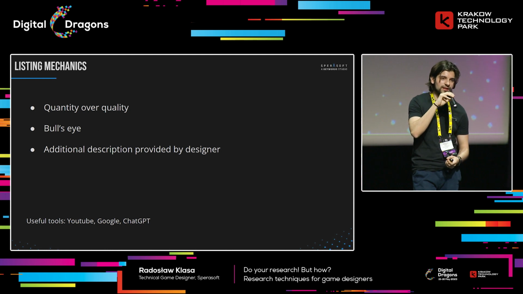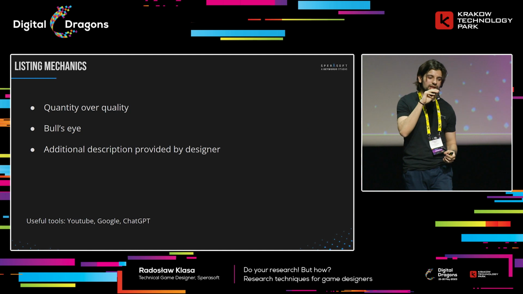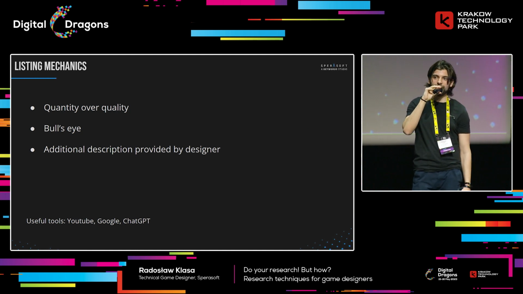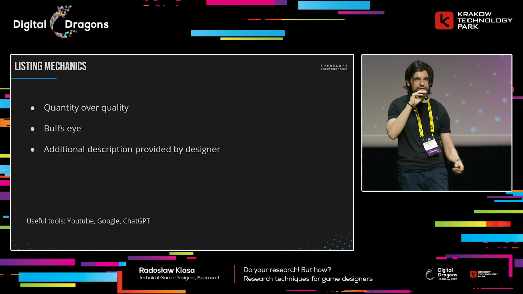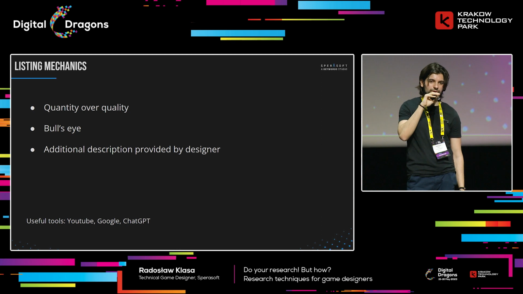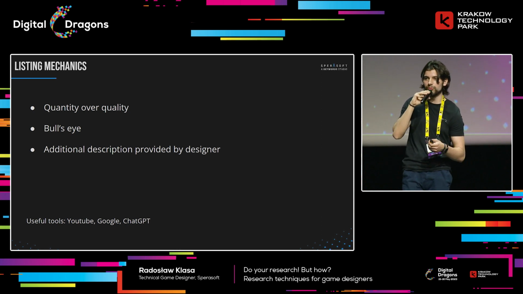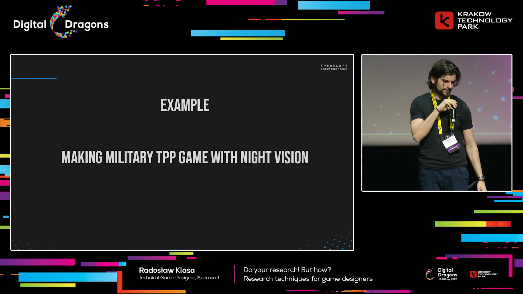We have to be really precise and catch the bull's eye, and provide some additional description, for example for a programmer that is going to implement that system. That might be useful when we are trying to create a feature. We know how it will look, and that's all.